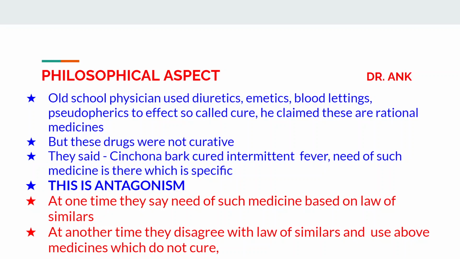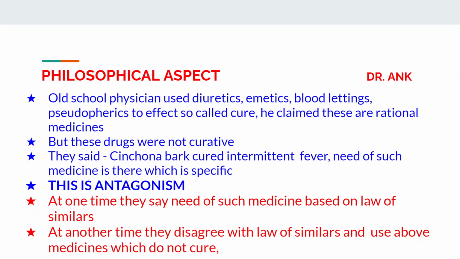So who is saying this? The physicians of the old school are saying that there is a need of such specific medicines, like what we call homeopathic specifics, which would cure the diseases.